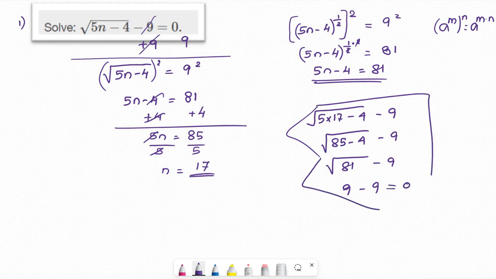So it satisfies. There is no need to verify, because we are always finding the solution, but I just want to show you that this is a solution. That is why we got n equal to 17 only.